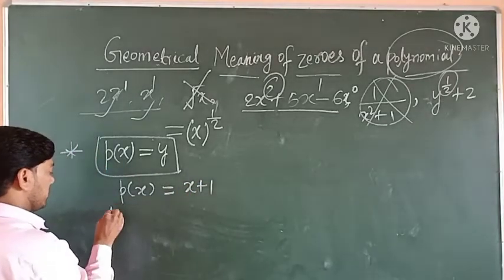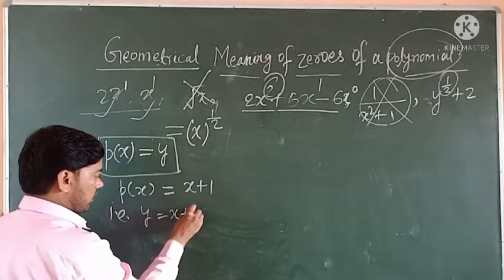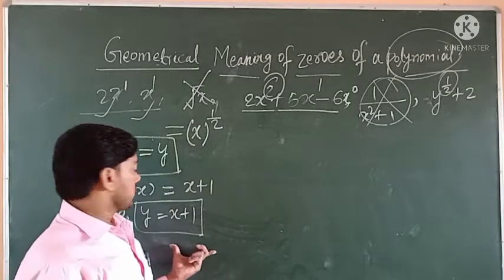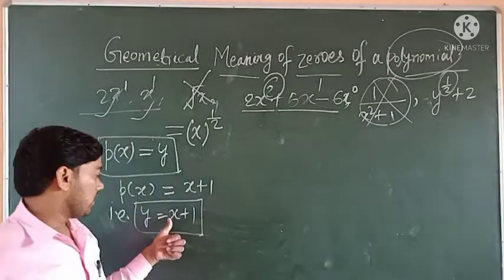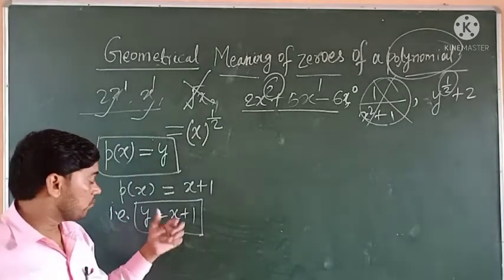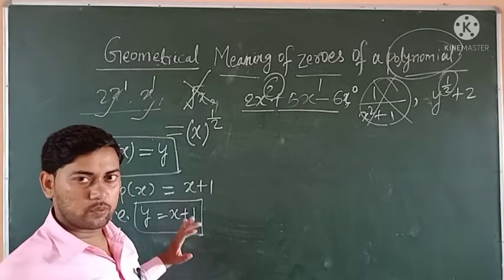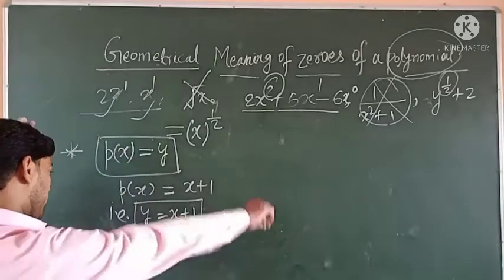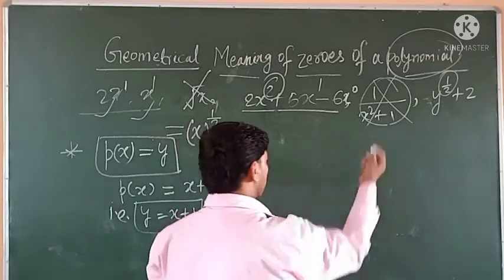It means y is equal to x plus 1. Now y is equal to x plus 1 is a polynomial equation. If the degree of the polynomial is 1, it is called a linear polynomial. So y is equal to x plus 1 is a linear polynomial.